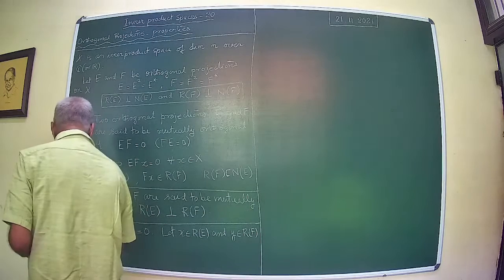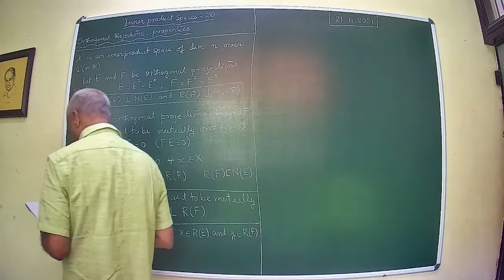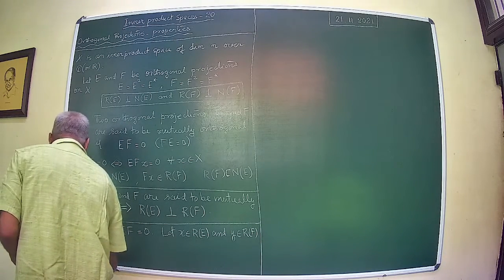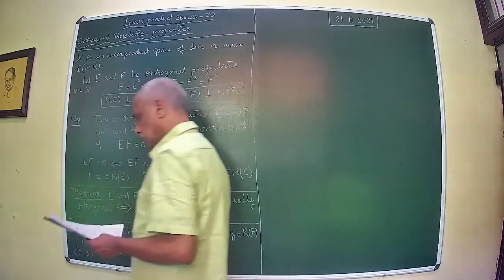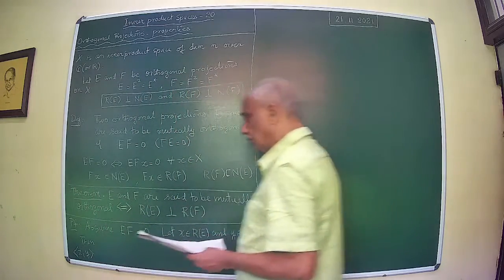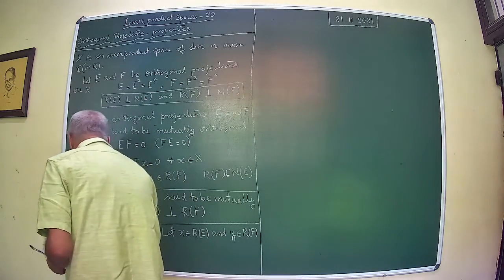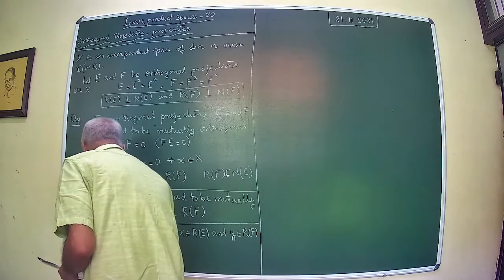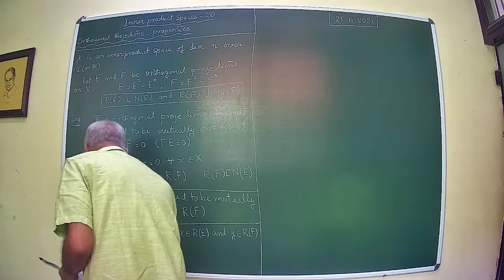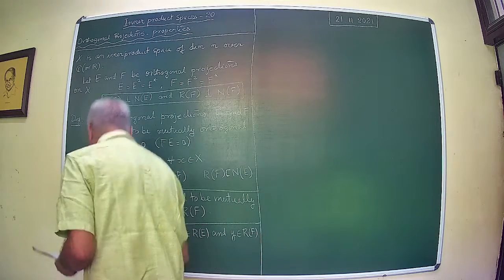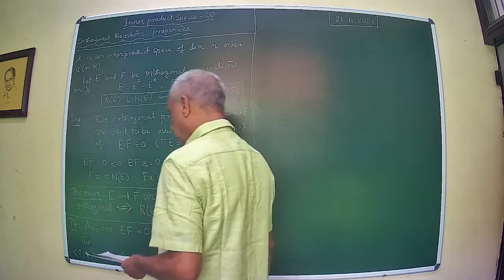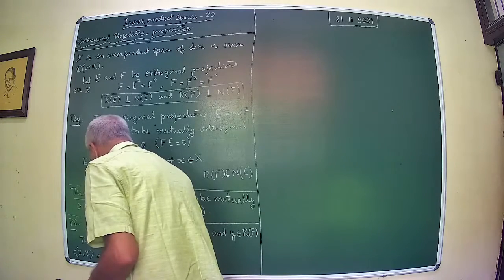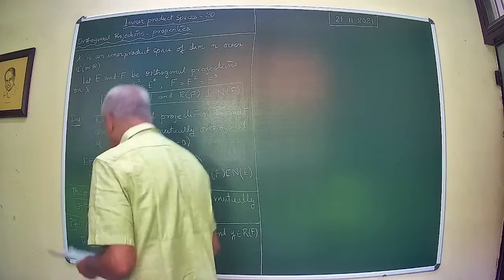Then we compute the inner product of X with Y and show that this is equal to 0. Now X is in RE, which means I can replace it by EX, and Y I can even write as FY.